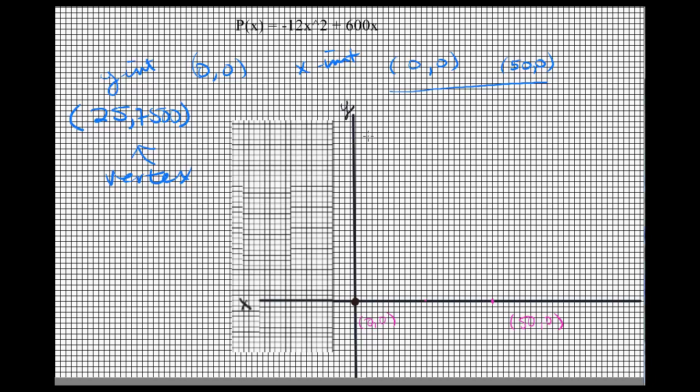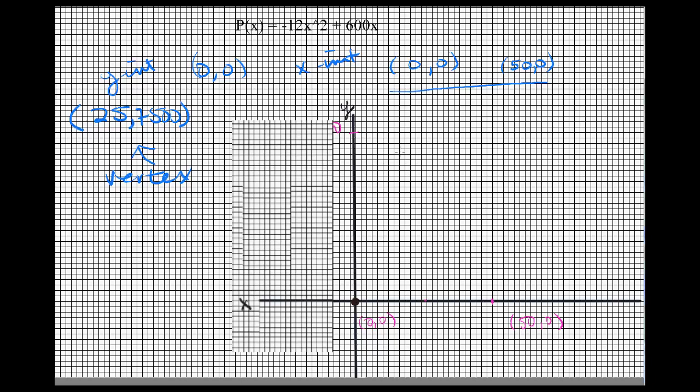Our vertex is going to be (25, 7,500). Because this is going to be so steep, this isn't going to be to scale just because of how high it goes. I'm just going to make believe this up here ends up being 7,500.